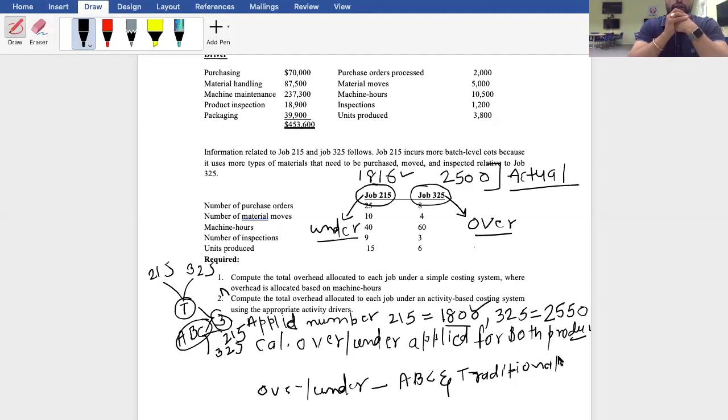Is it clear for everybody, over and under applied? Is it okay? Say something, is it okay? Any questions, over and under applied?